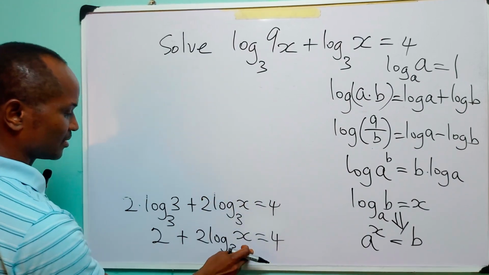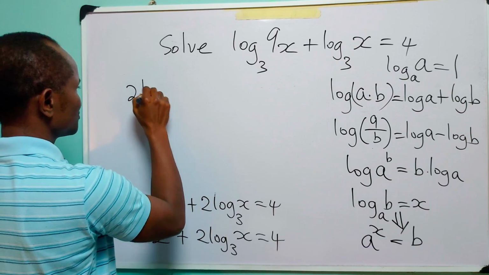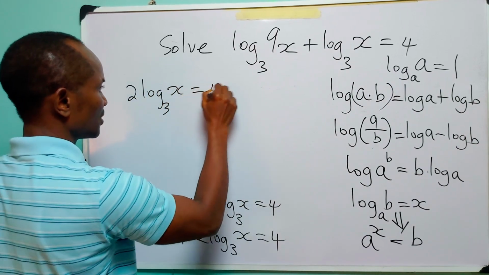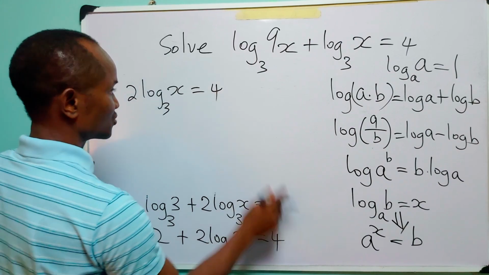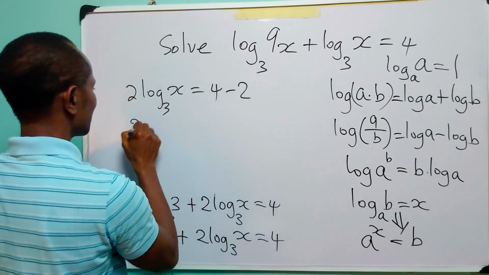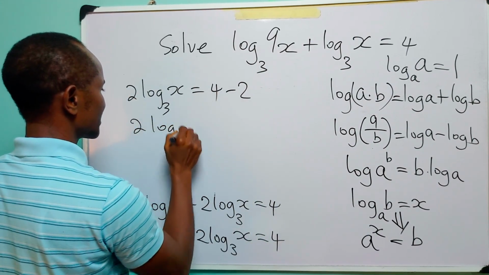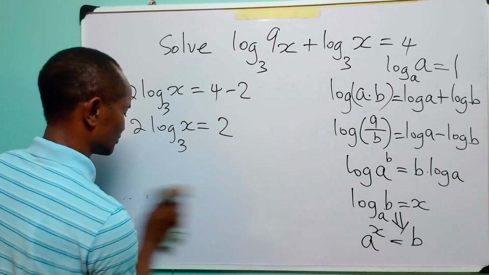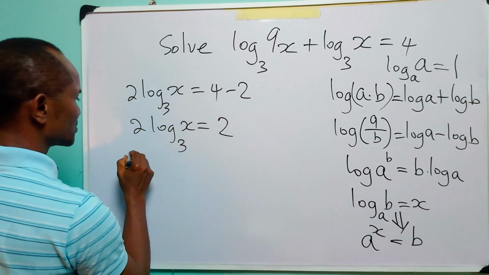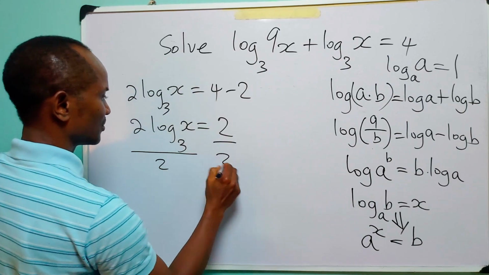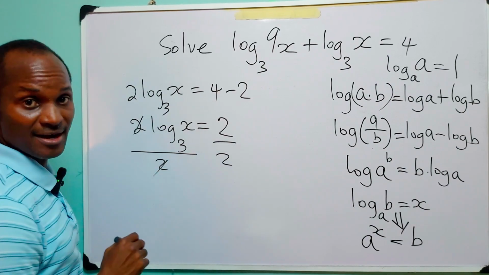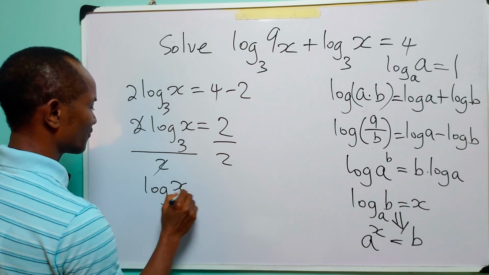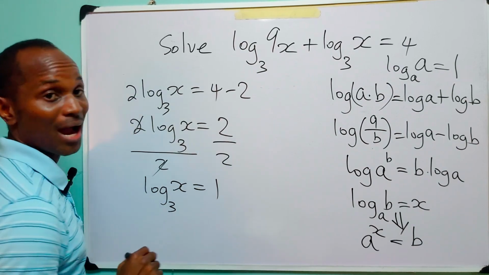Now from this line, we can write 2 times log to base 3 of x is equal to 4 minus 2. So we have that 2 times log to base 3 of x is equal to 2. And of course, we can divide both sides by 2. And we have that log to base 3 of x is equal to 1.